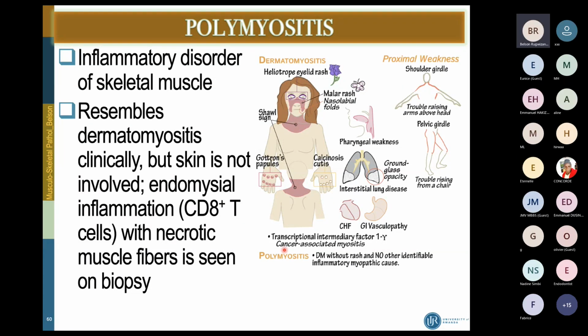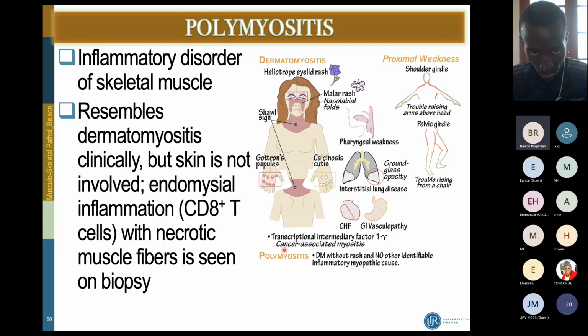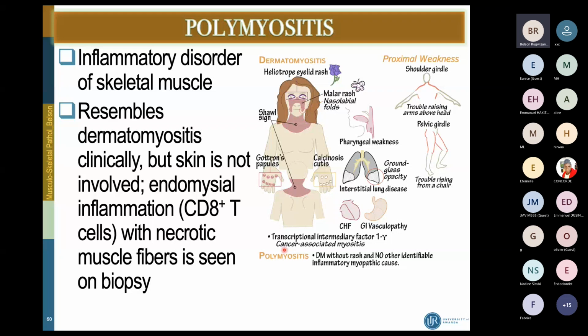So here the cells which are involved are more CD8 in difference to dermatomyositis where we saw CD4 cells. Yeah, there will be also necrotic muscle fibers on biopsy. So this figure is talking again about dermatomyositis, but in polymyositis they say it is dermatomyositis without rash and no other identifiable inflammatory myopathic cause.